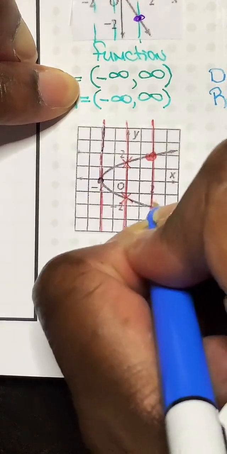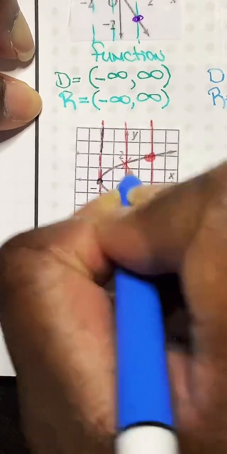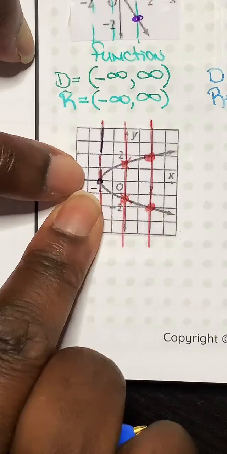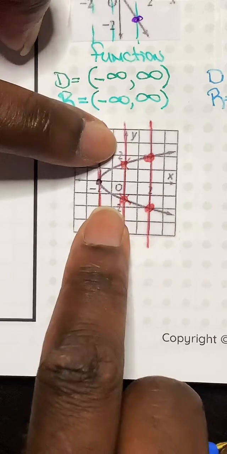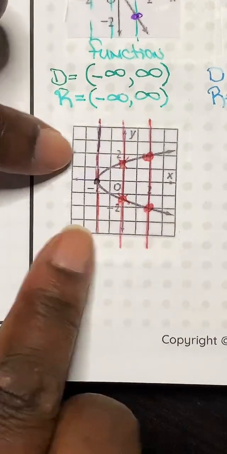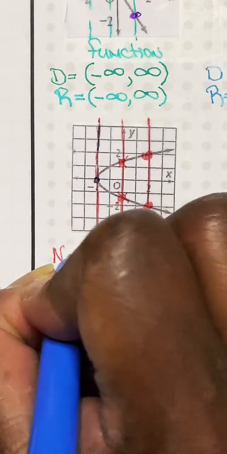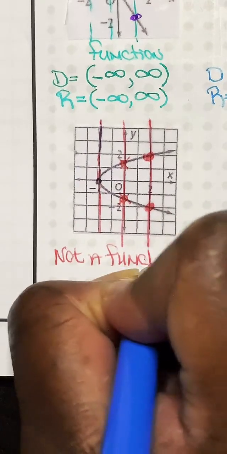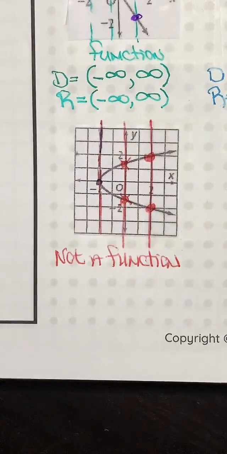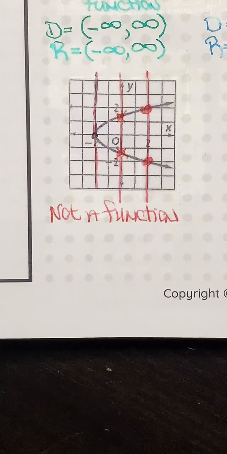If I use this spot, the x's are repeating there, okay? It doesn't matter that it wasn't repeating over here, but it's repeating here, here, here. As it ventures out, it's going to keep going and repeating. So yes, this is not a function. Yep, those x's are repeating.